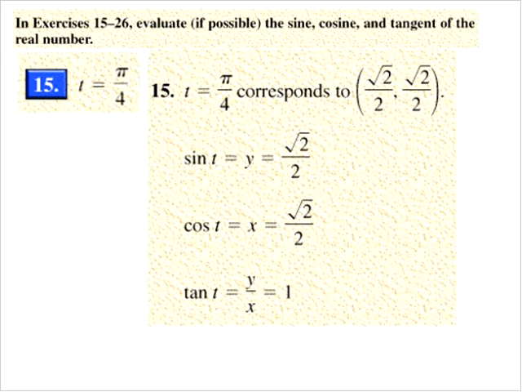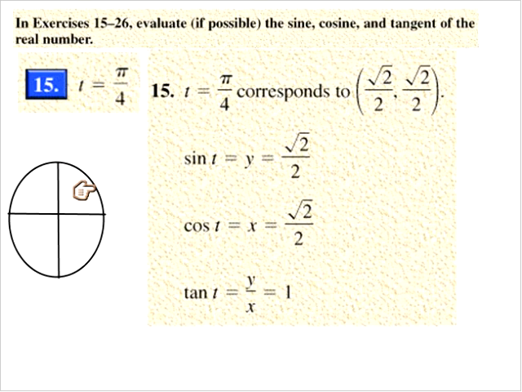All right, using that π/4 and that point of (√2/2, √2/2). Oh, this is different. I'm thinking it's 4π/3 or 3π/4, however it was. π/4 is in the first quadrant, and it refers to the point (√2/2, √2/2). So let's find sine, cosine, and tangent.